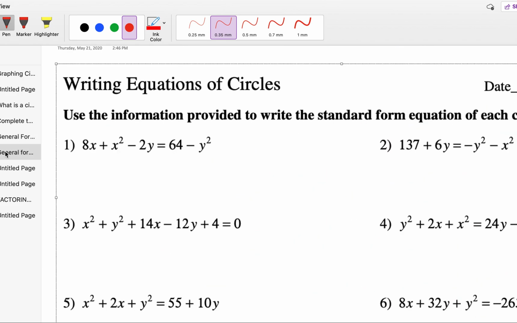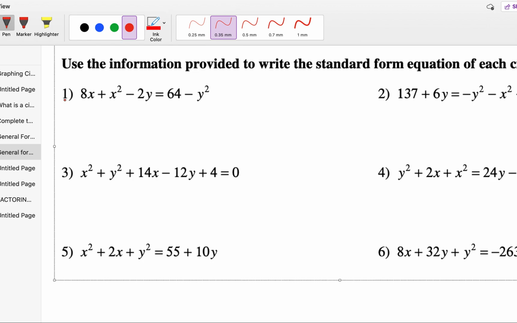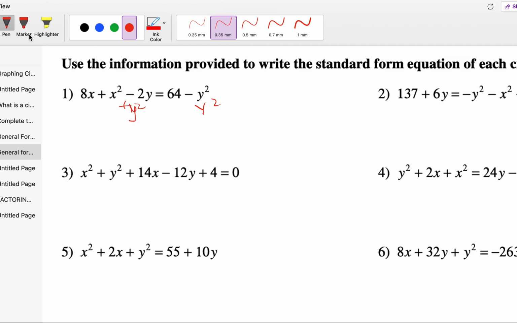So let's try to apply these things to one of these problems. You'll notice here that y squared is on the right side, so we're going to have to move it over to the left by adding or doing the opposite of the sign to both sides. So I'm going to add y squared to both sides. And that cancels out.